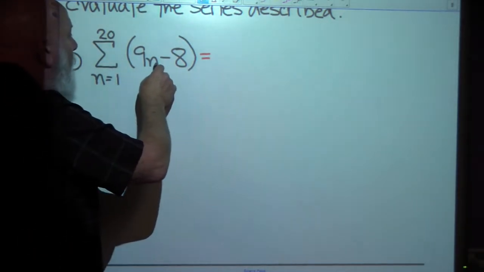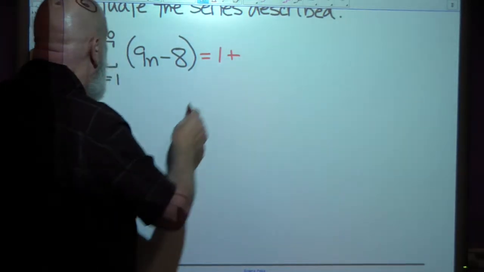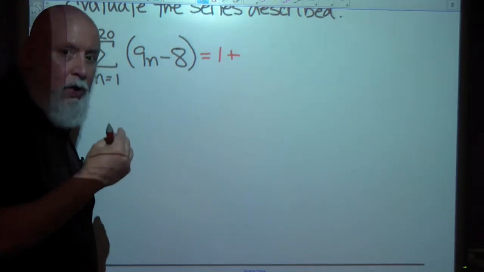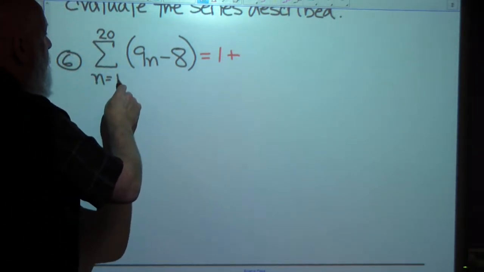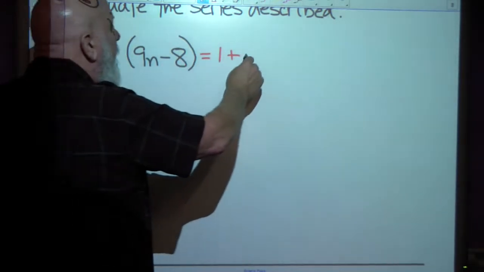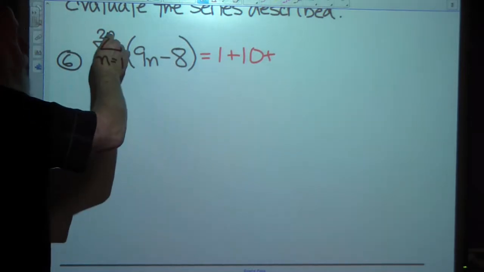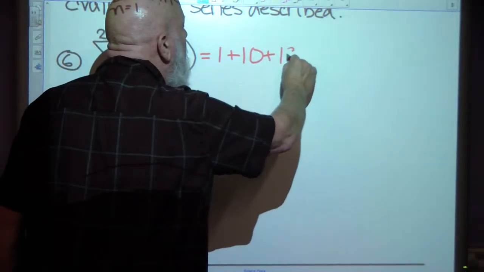Here's what that means. We plug in a 1, we get 9 times 1 is 9, minus 8 is 1. Plus, now I'm going to plug in a 2. n's going to go from 1 to 20, just the integers, 1, 2, 3, 4, 5, the counting numbers. So I plug in a 2, that's 18 minus 8 is 10. I plug in a 3, that's 27 minus 8, that's 19.